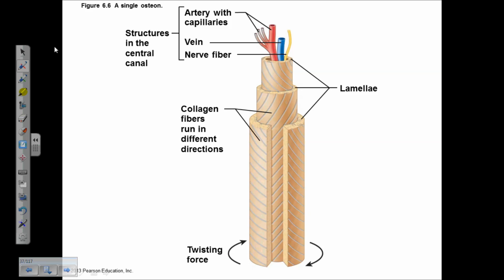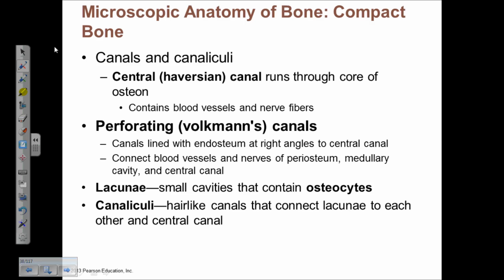Inside of each osteon, you can find a central canal which houses artery, vein, and the nerve. Inside of lamellae, you're going to find lacunae, which house osteocytes.